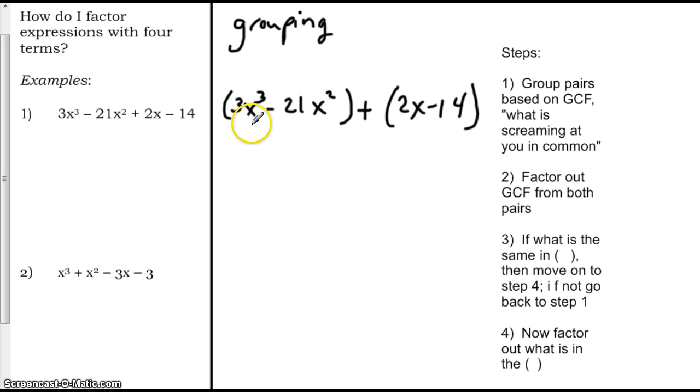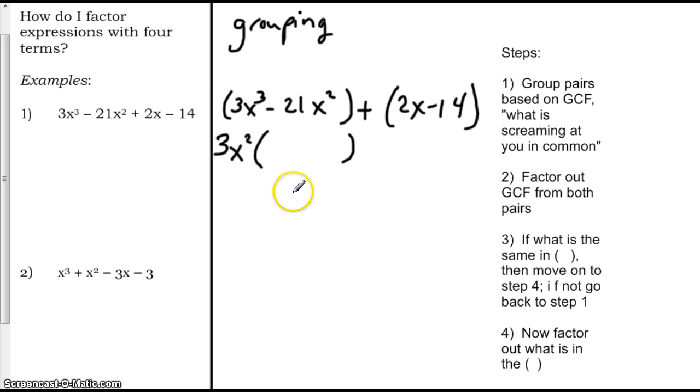So first I'll look at my first pair, and not only do they have a 3 in common, but they also have an x squared in common. So I'll factor out the 3 and the x squared. And then remember, we would divide each thing. Remember what factoring means.